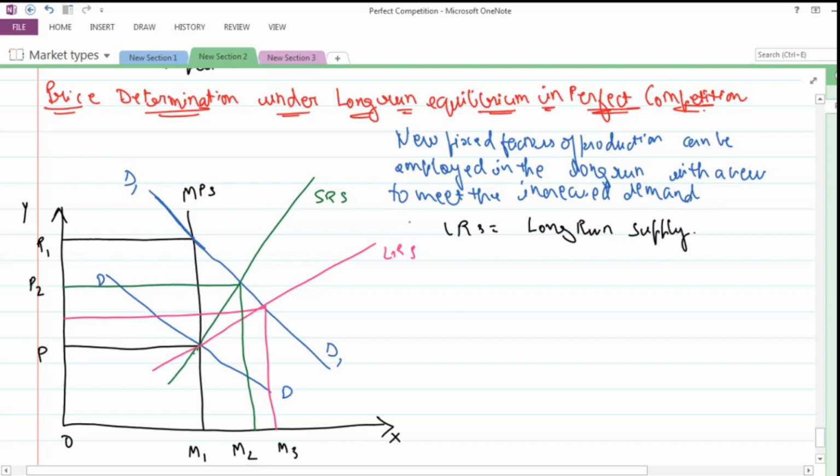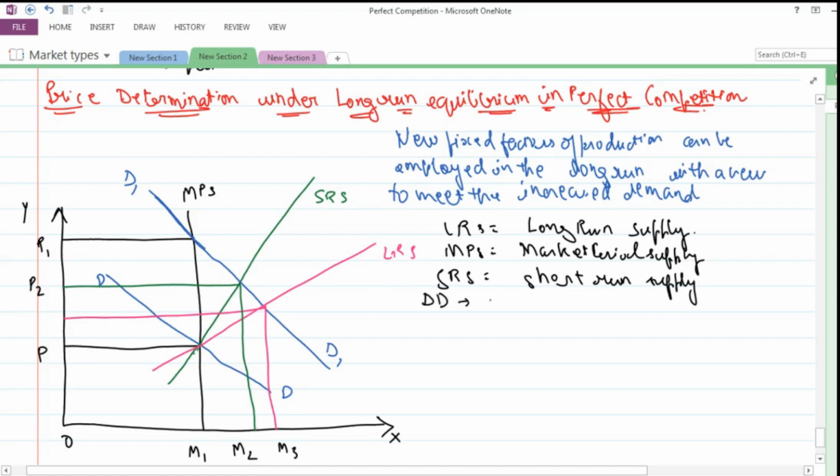Then MPS is the market period supply curve, market period supply. Then the SRS is equal to the short run supply. So we have three different types of supplies here, assuming that the market demand is at DD.